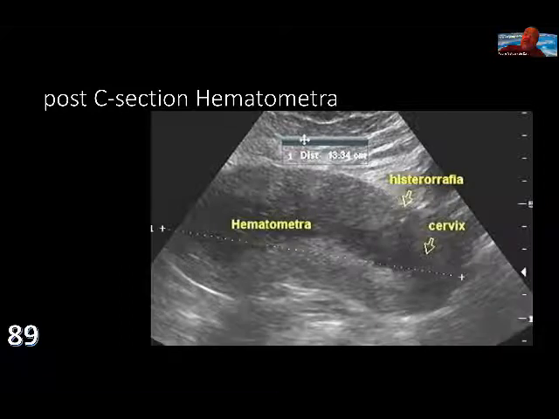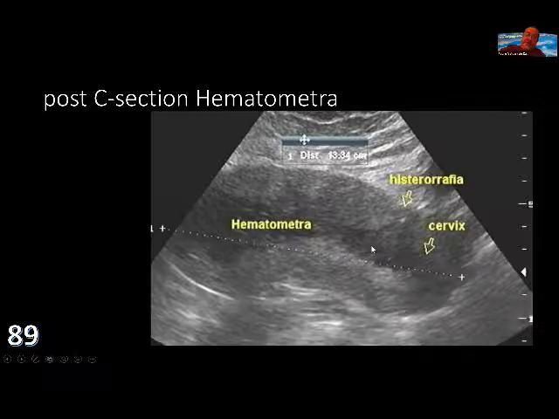I have a compadre, you know, who whenever he performs a C-section, he dilates with a forceps here, opens the cervix. Some people dislike that because it can contaminate here. But anyway, there's always a chance of hematometra after delivery, especially if it was a C-section.